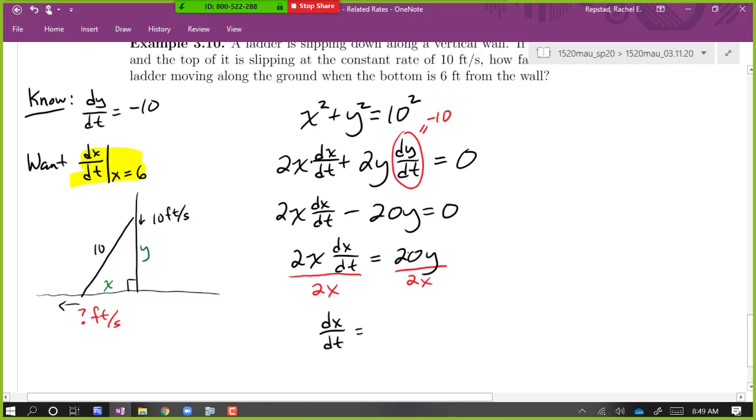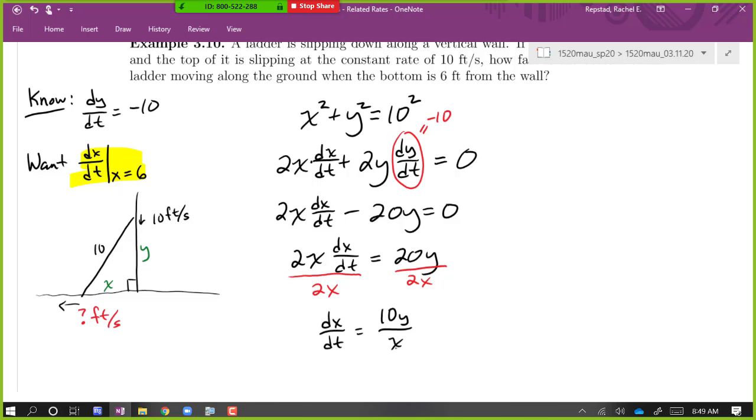And after reducing, we have 10y over x. Now, a lot of the time, in the couple examples that we already did, by the time we solve for the derivative that we're after, we're at a point where we could just plug in the value and get our answer.